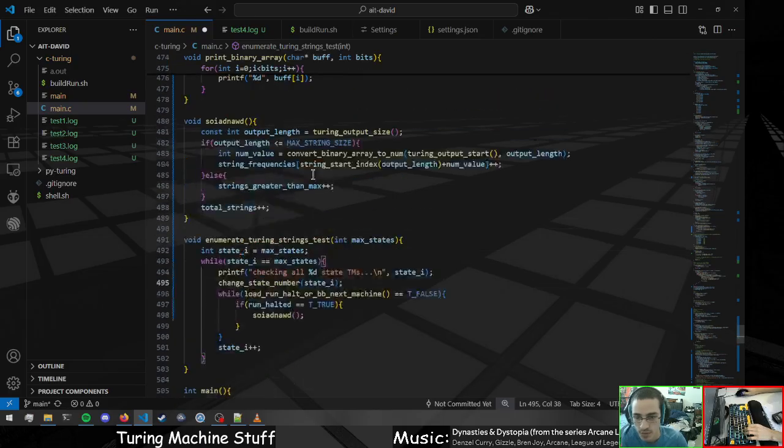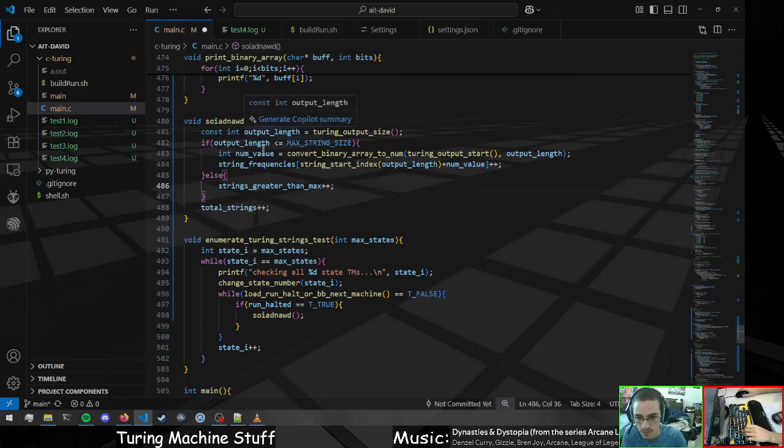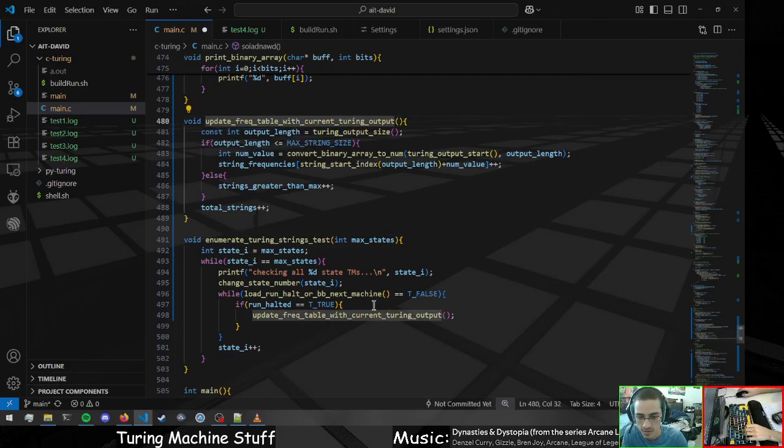The reason I'm doing this, well, let me read it real quick. So this should be called something like, okay, so what does it do? Update frequency, or like, yeah, that's what that does.